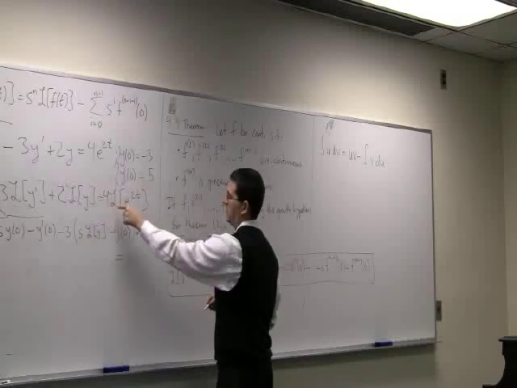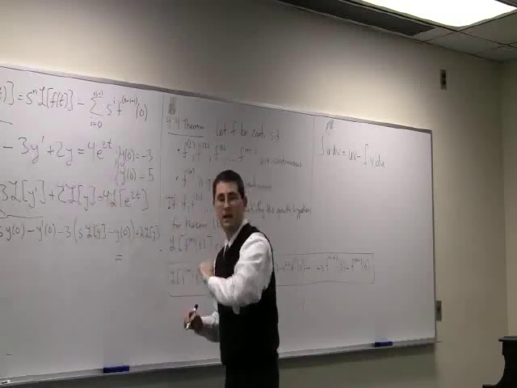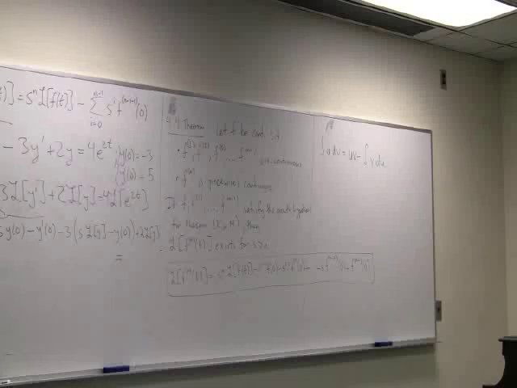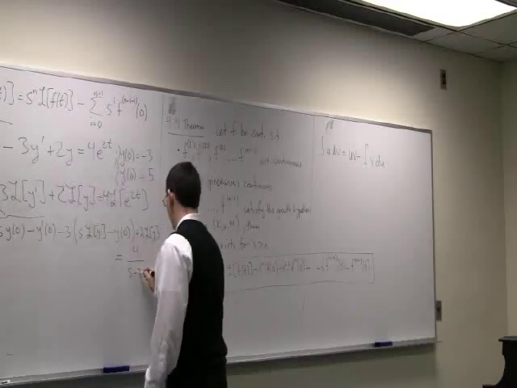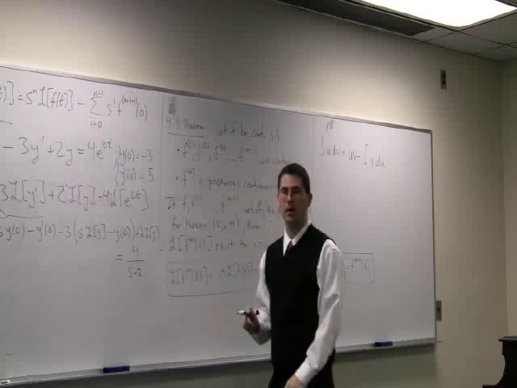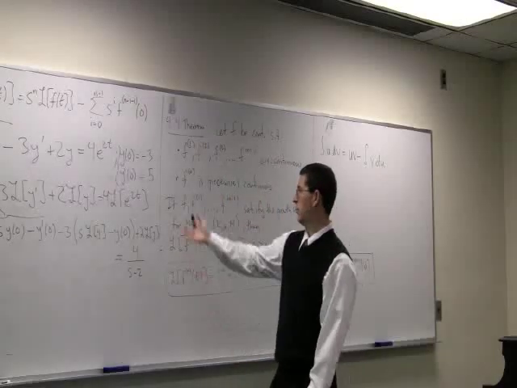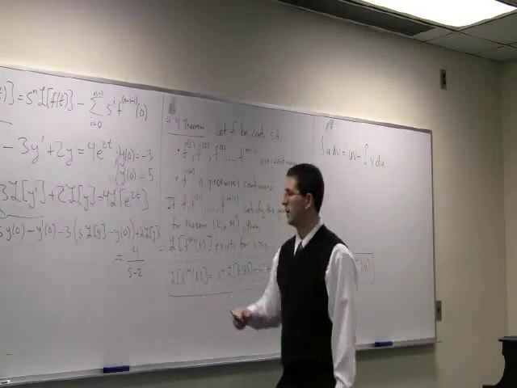Well, it equals 4 times the Laplace transform of e to the 2t, and that we know. E to the 2t becomes 1 over s minus 2. And then we have it multiplied by 4, so we get 4 over s minus 2. Okay, and in the back of our heads, we know this is working when s is greater than 2.